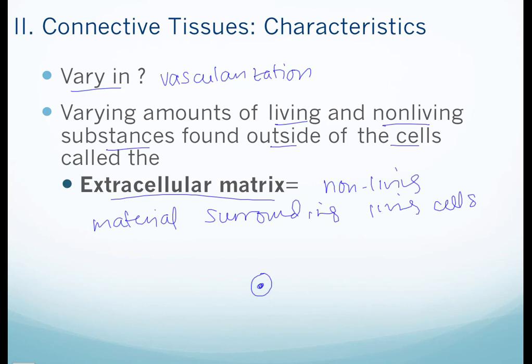And it can start secreting this non-living substance. You can think of it as kind of like a jelly or something hard that allows for the cell to be suspended in it. And you can have another cell secreting its extracellular matrix. Okay. And so you can have another one with its extracellular matrix.